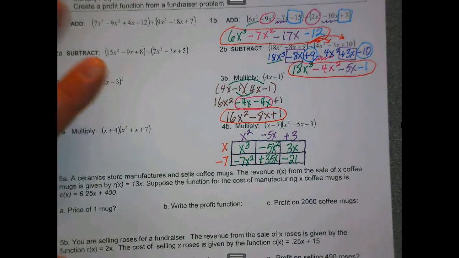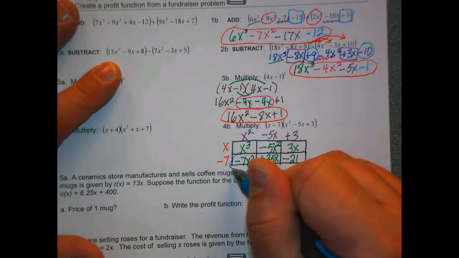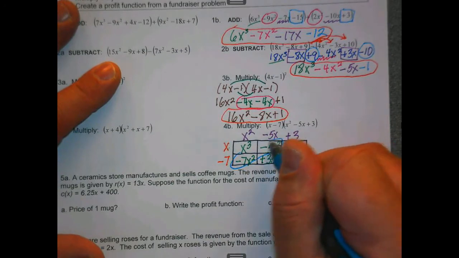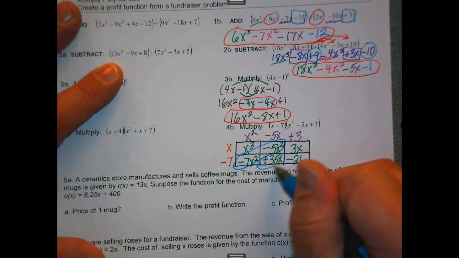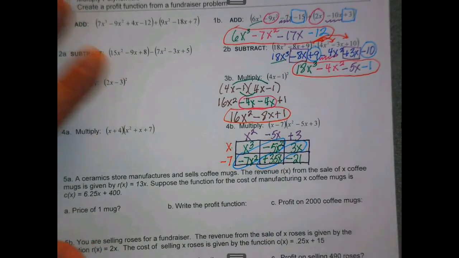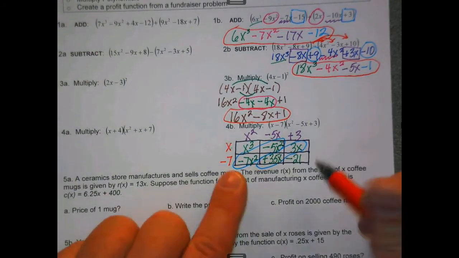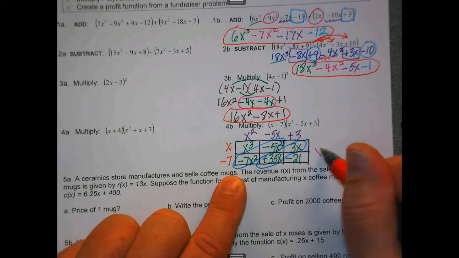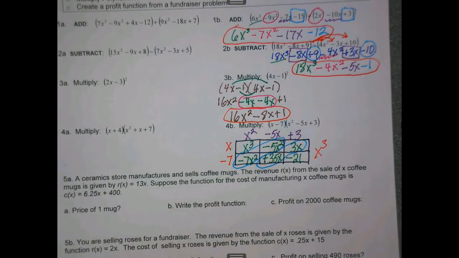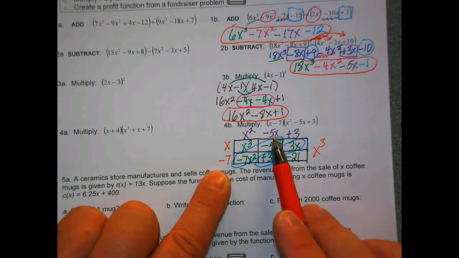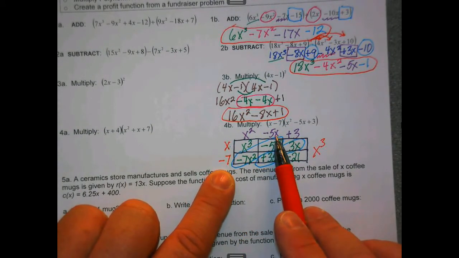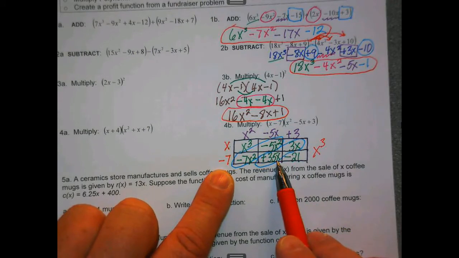Then we have our diagonals, right? Our like terms. Okay, so I have x cubed. Is it 35? No, because that's just a minus 7. I only have one x, so it's just x to the first.